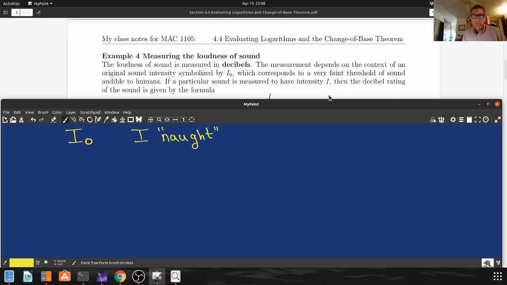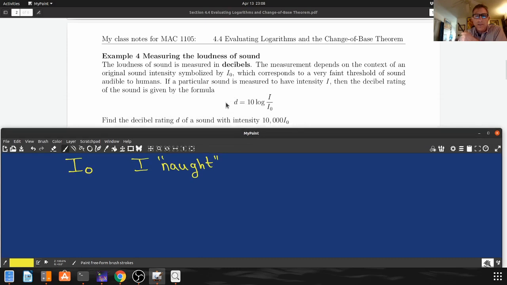Of course, children being the best at all of it, and elderly people being the worst. If a particular sound is measured to have intensity I, then the decibel rating of the sound is given by the following formula. D is the decibel rating, 10 times log of I divided by I naught.